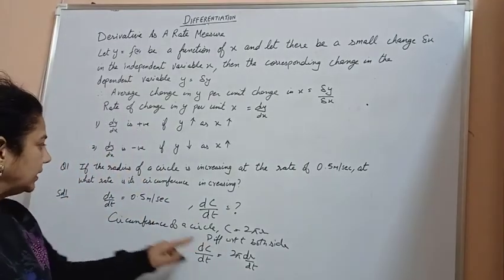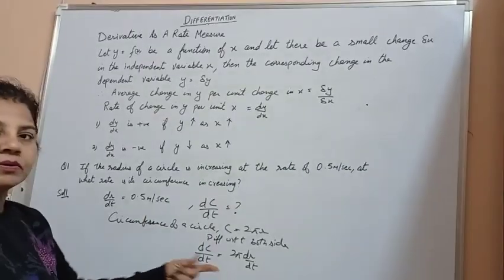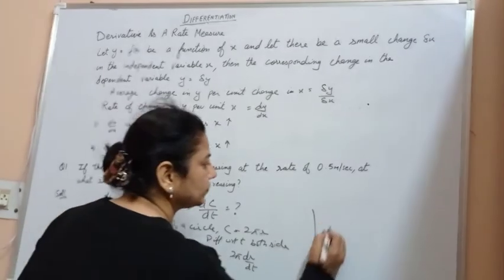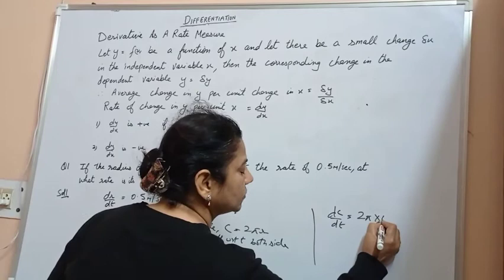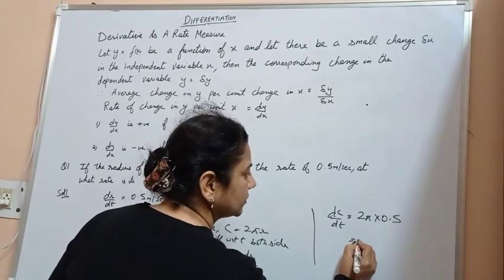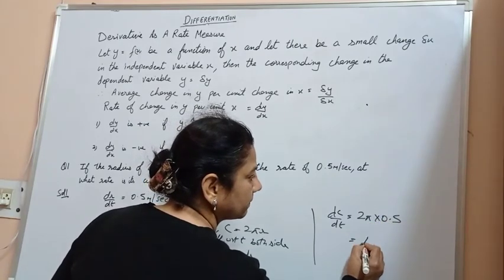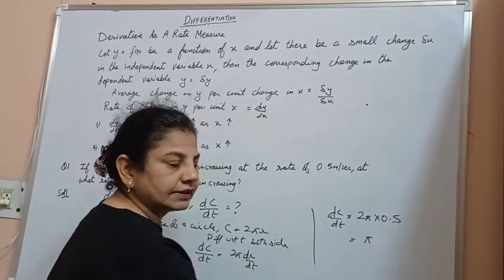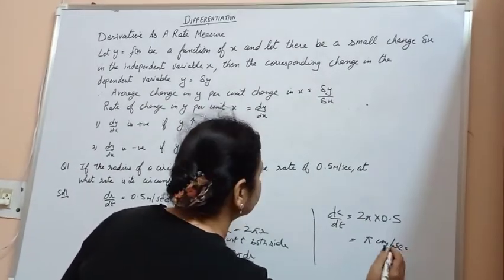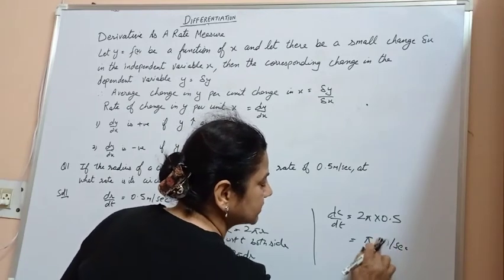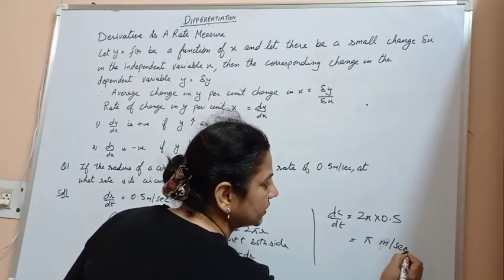The value of dr by dt is given to us. Substitute the value and get the answer. You will get dc by dt is equal to 2 pi into 0.5, which is equal to pi. Sorry, pi meter per second, as the unit is meter. So pi meter per second.